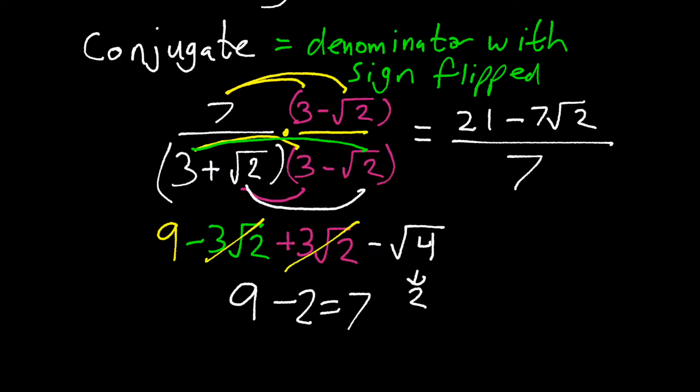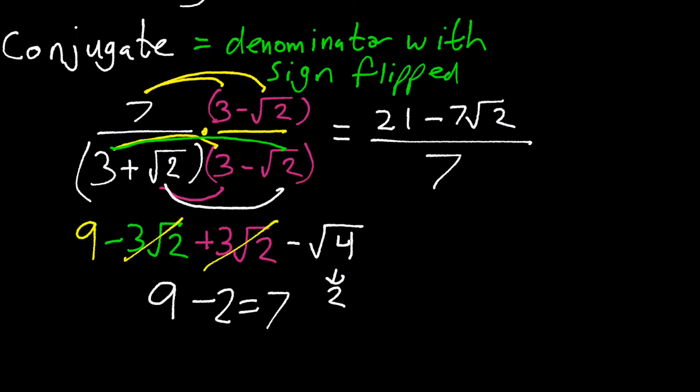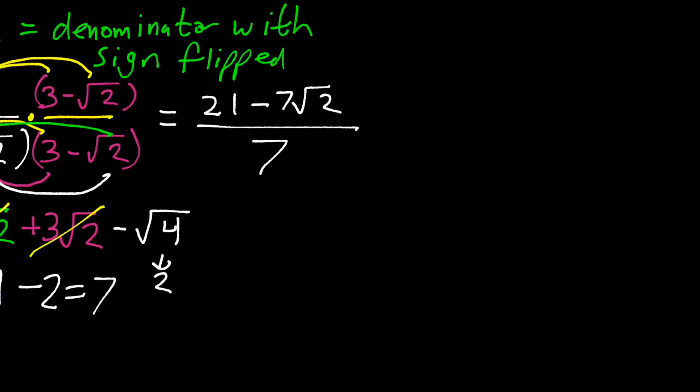And usually this is where we can stop. But what do I have here? I've got a 21, I have a 7, and I have a 7. These three numbers all have a common factor of 7. So what can I do about that? Let's move this over a little.